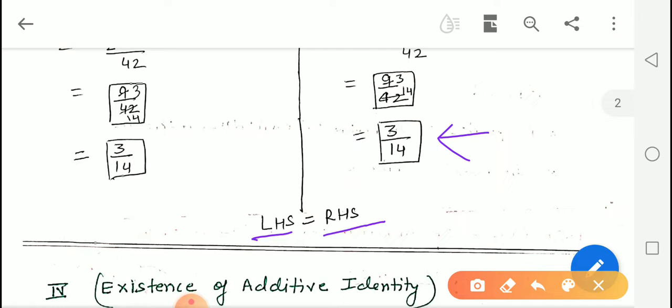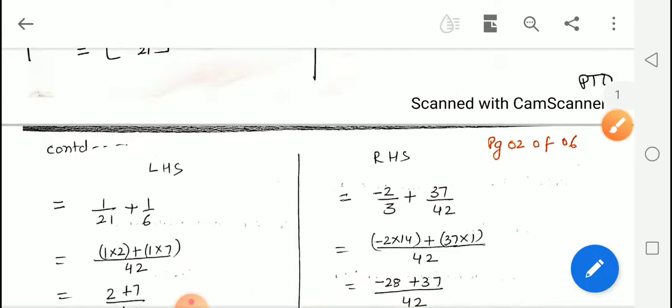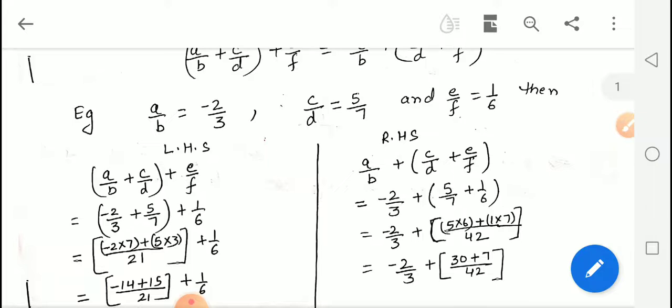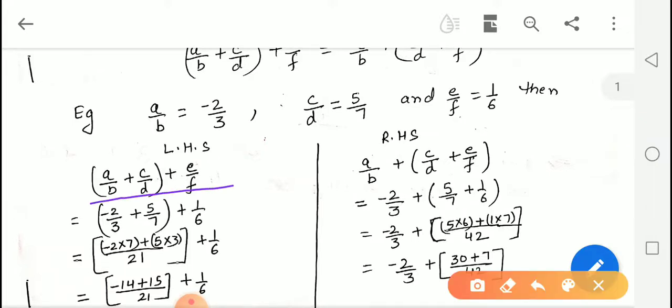This concludes that if we change the groups like this, the answer will remain the same. This is a very important property which we will be using while solving our questions.